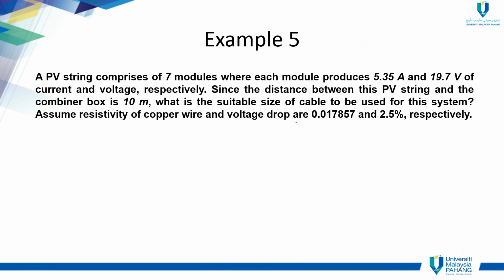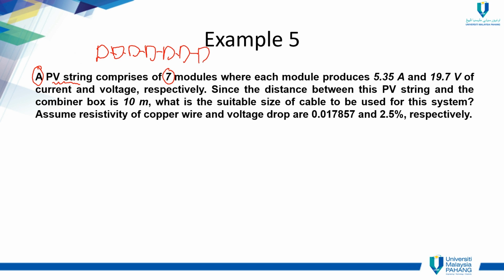What is next? Kita ada example yang insyaAllah it will help you to super understand it. Okay. A PV string comprises of 7 modules. So means that we have a single string with the 7 modules connected in series.